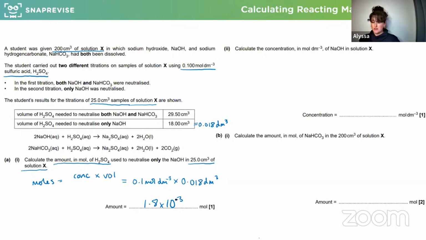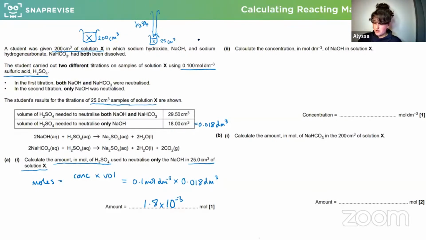Okay, Hamza, very good question. What about the 25 cm³? This 25 cm³ is of solution X. So I have my solution. This is where I was talking about drawing a picture, if you're unsure. I have my solution X. I had 200 cm³ of solution X. I carried out 2 different titrations on 25 cm³ samples of solution X. So I've got one 25 cm³ sample of solution X, and that's my titration, H2SO4, and that needs to go out the way.